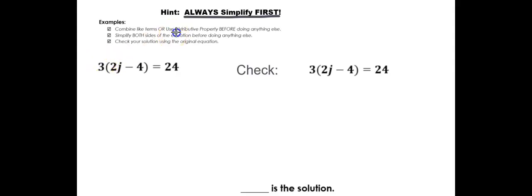So what allows us to keep going with this problem and change its format is the distributive property. So I can distribute the 3 to both parts, 3 times 2j minus 3 times 4. Draw that line down my equal sign.